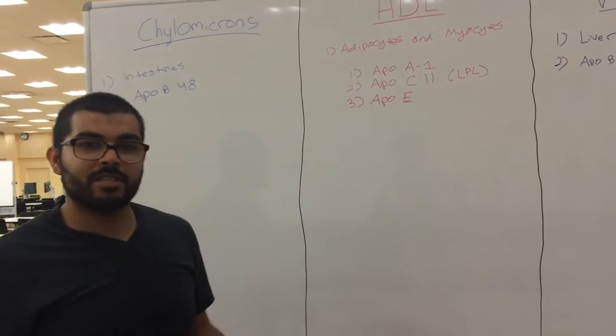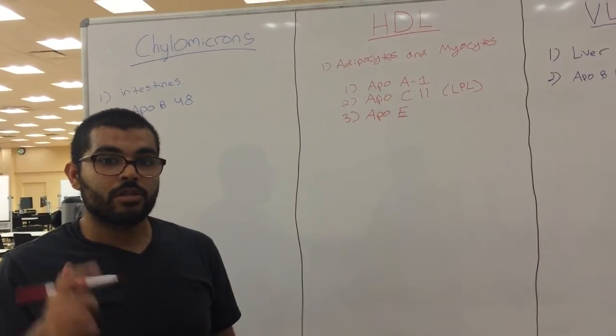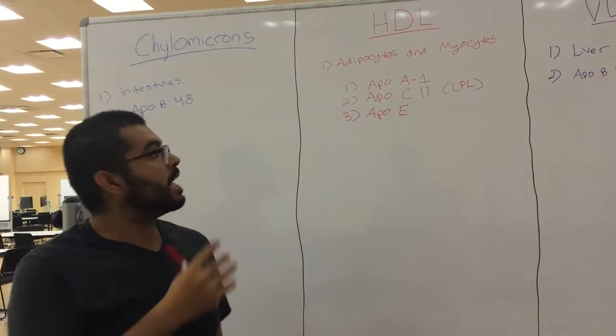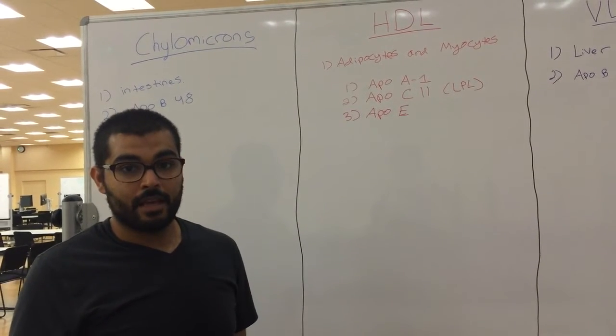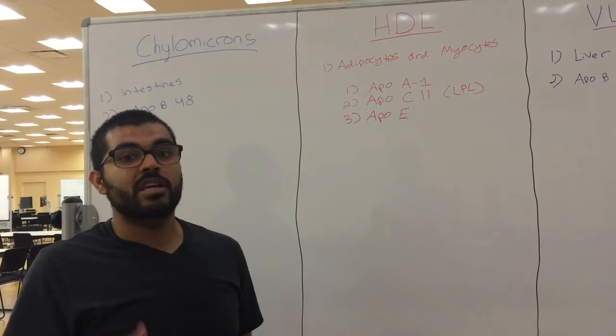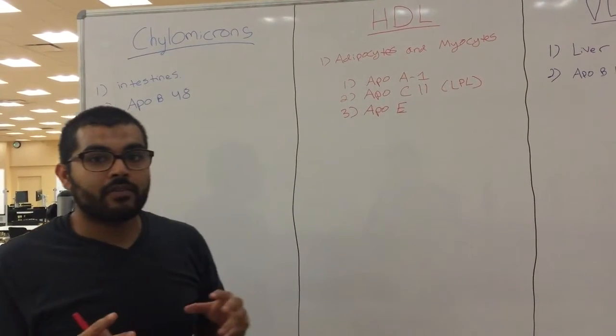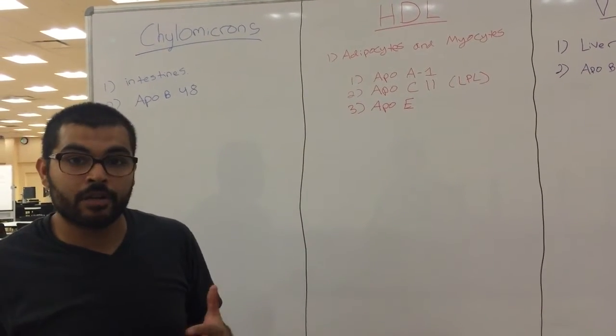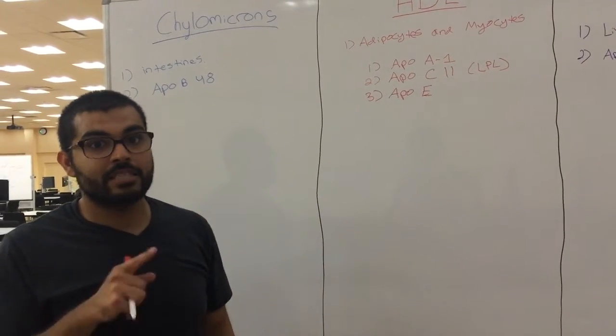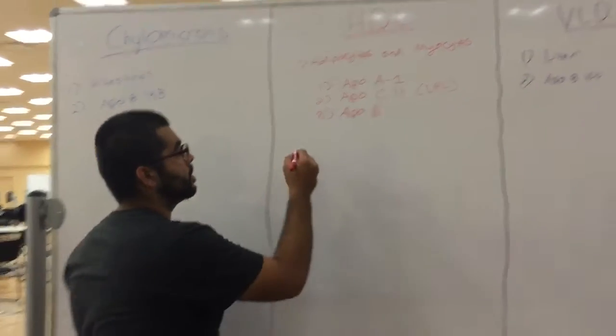Now, I would hope that we are done at this point, but no. There's a fourth thing that HDL has, and that is your ApoC3. Wherever you have an activator, you will also have a lipoprotein lipase inhibitor. So your ApoC3, that's the inhibitor. So keep that in mind.